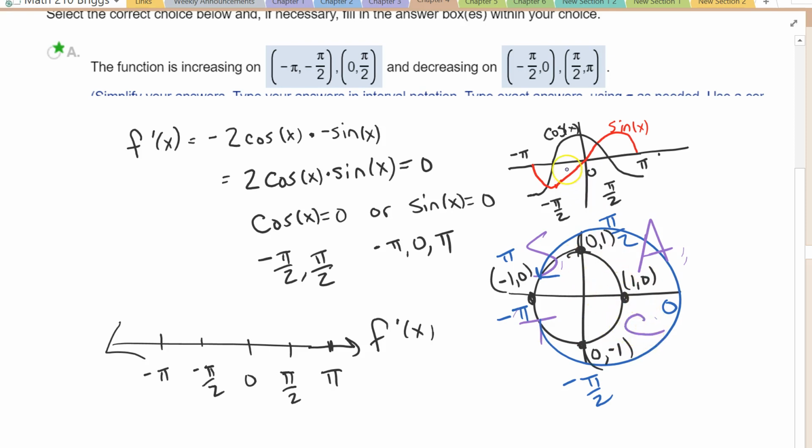Or you can look at the graph here and see that in this interval, cosine and sine are both negative, and a negative times a negative is a positive. So from minus pi to minus pi over 2, the derivative overall is positive.